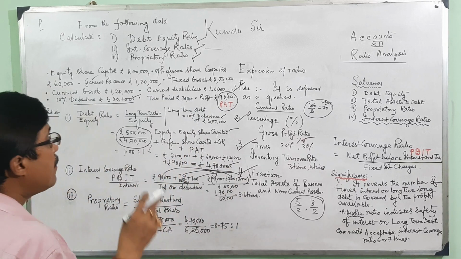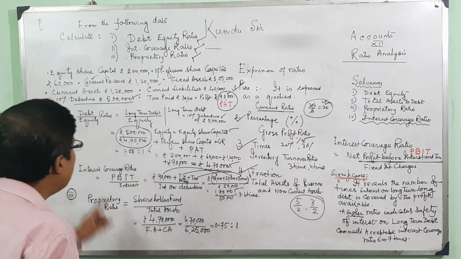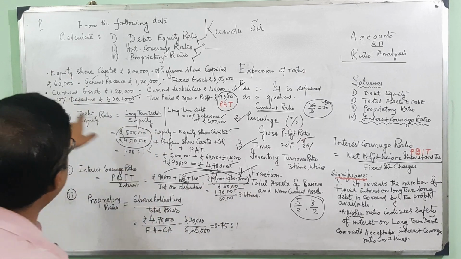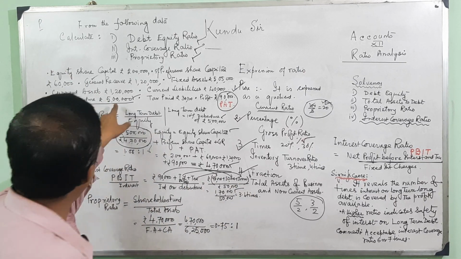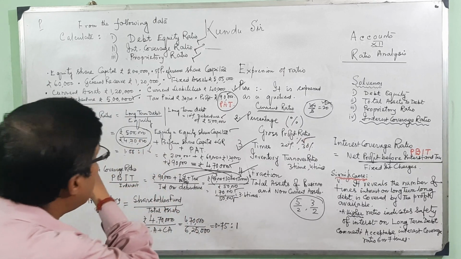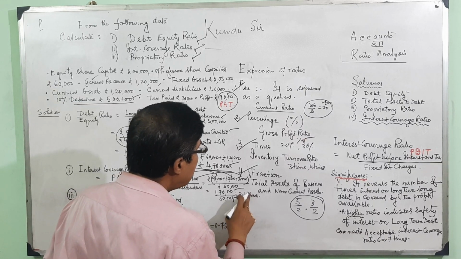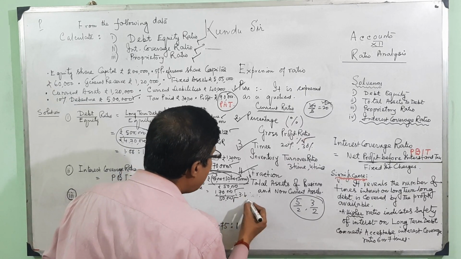So profit before interest and tax is 1,70,000, and interest on long term loan, only the debenture here, is 5 lakhs into 10%, 50,000. This equals 3.4, that is 3.4 by 1.